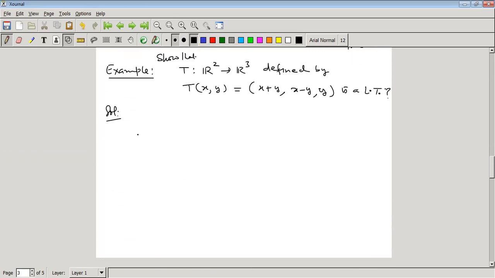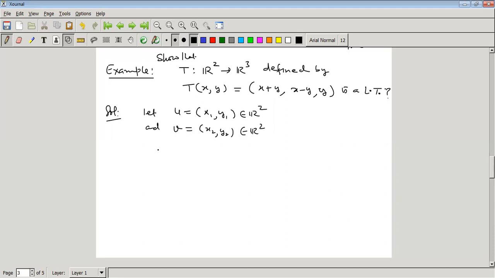Okay. So now the domain is R2 and the codomain is R3. So we take an element in R2 and the output lies in R3. So let u equal (x1, y1), which belongs to R2, and v equal (x2, y2), which belongs to R2.